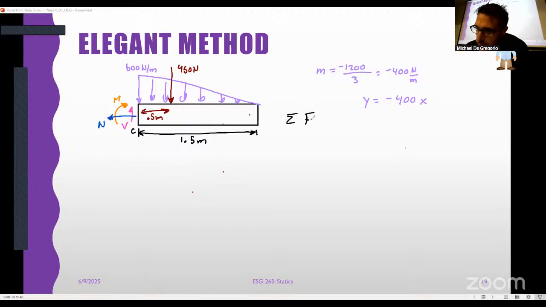I sum the force in the x direction is equal to 0 is equal to my normal force. That's the only explanation, right? I have no normal. I'm not loading this in the x direction. Great. Sum the forces in y: V minus 450. Shear is equal to 450 Newton.